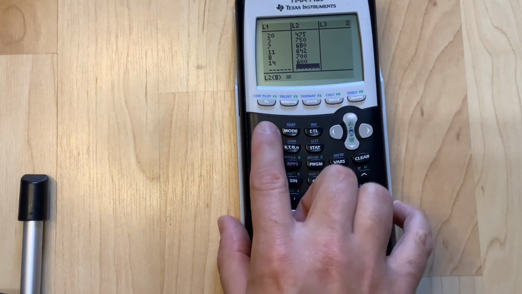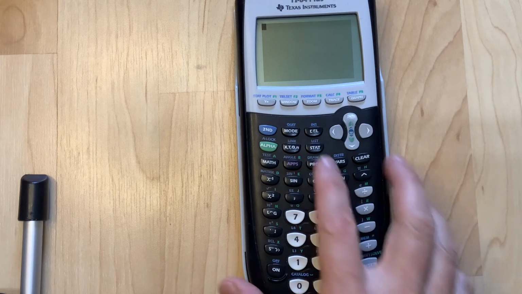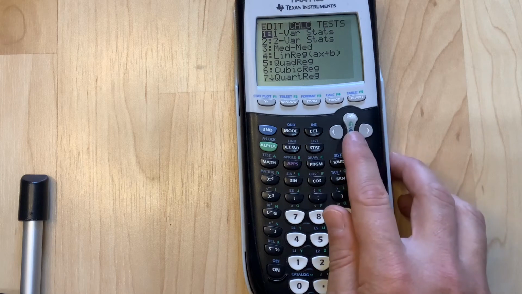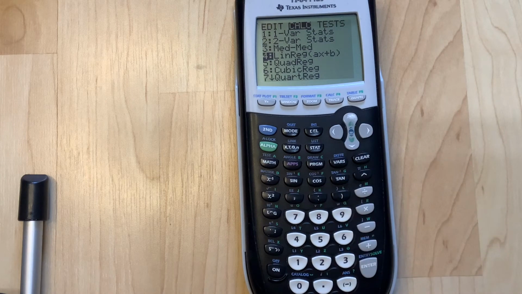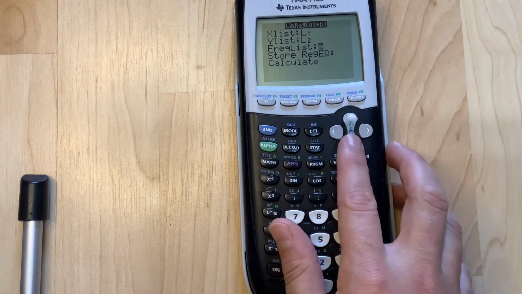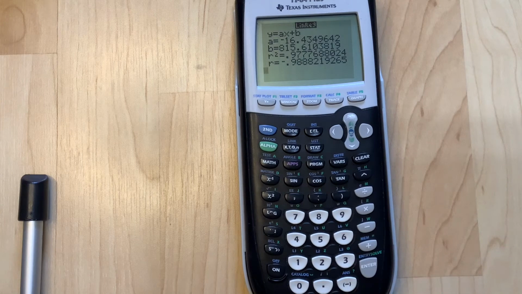I'm going to quit. I'll press second mode. And then I'm going to go Stat, and I press over to the right, and I go down to LinReg ax plus b. I press enter, and it asks me, what's your x list? Now the default's going to be list 1 for x, list 2 for y, nothing for frequency list. We won't bother storing it anywhere, and we just go calculate.